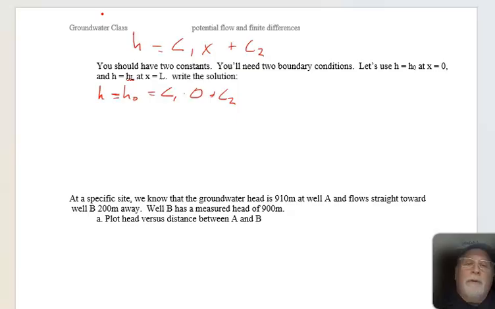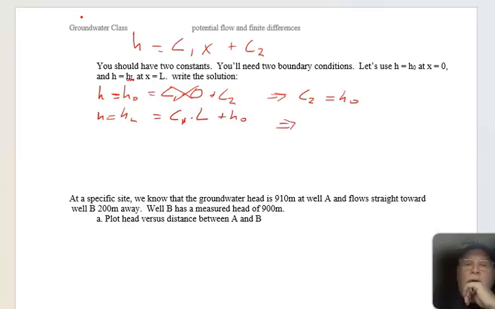So this term cancels out, and c2 equals h0. Then h equals h sub L, the head at distance L, equals c1 times L plus c2, which we know now is h0.